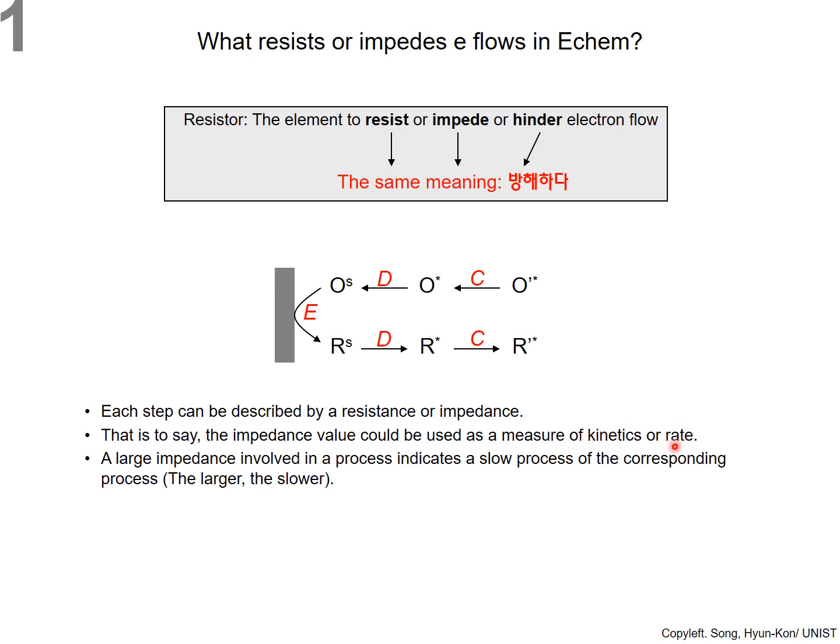For example, a large impedance involved in a process, for example some charge transfer, indicates a slow process. That is to say, the larger the impedance, the slower the kinetics, and the smaller the impedance, the faster the kinetics.